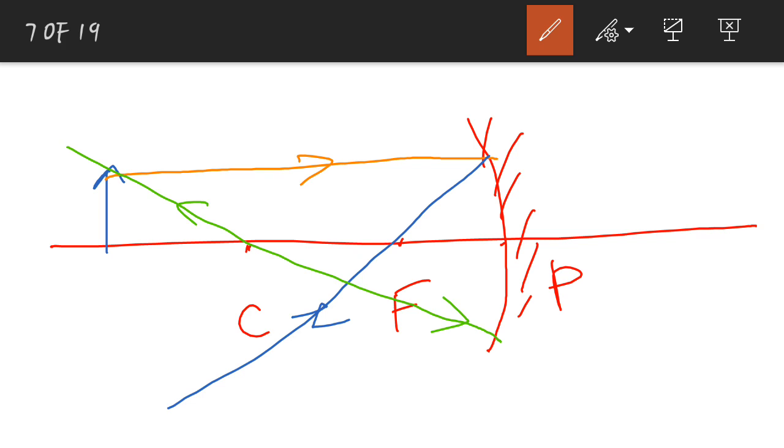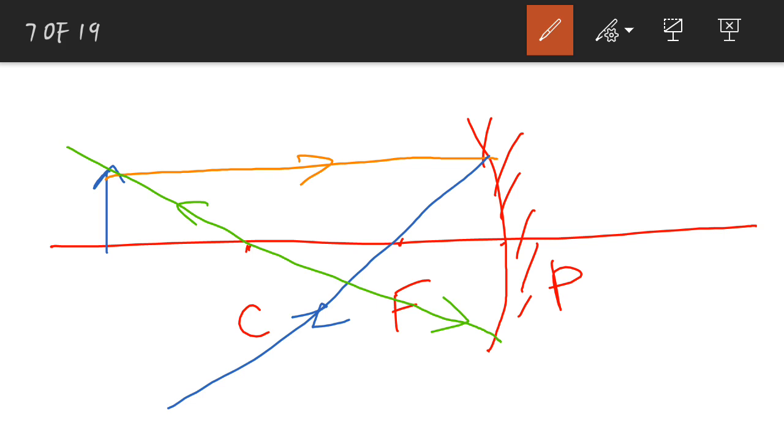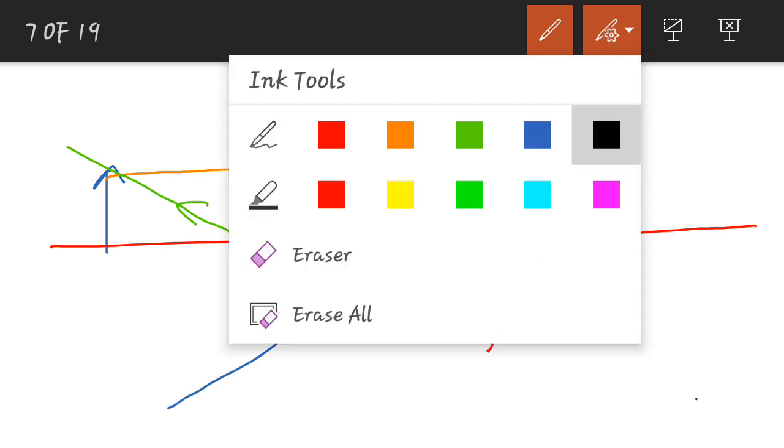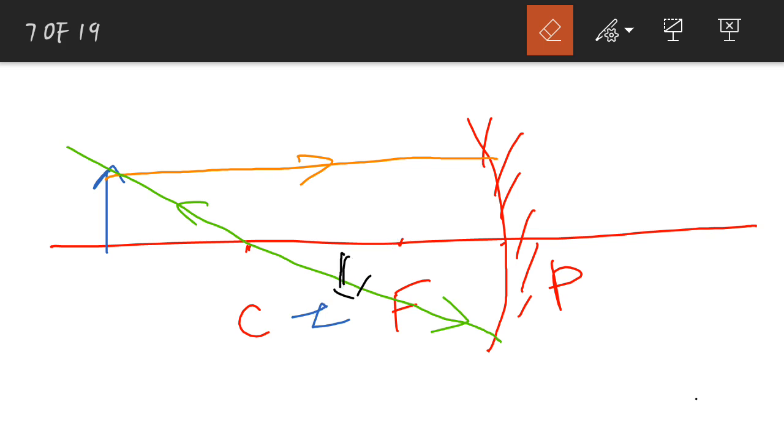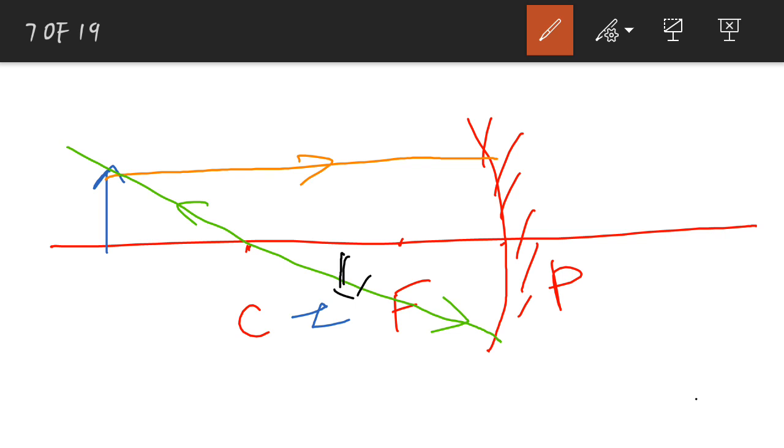So the image formed will be here, where these two lines intersect. The image formed is here. This is how the image is formed between the center of curvature and focus.